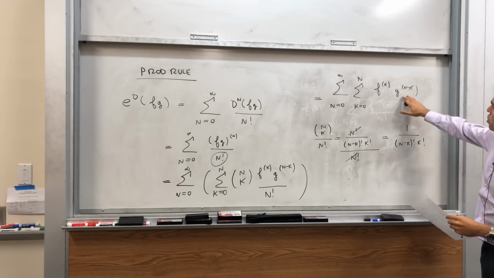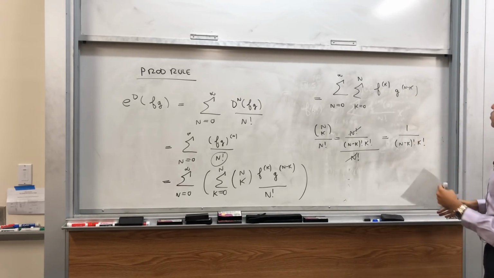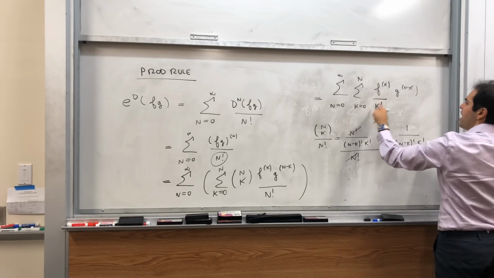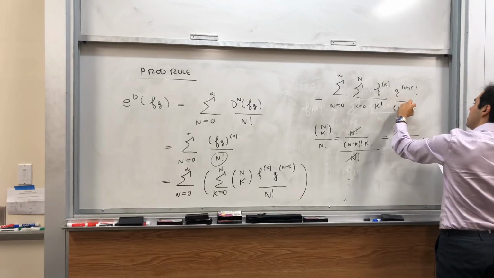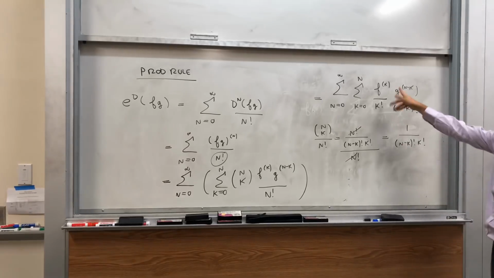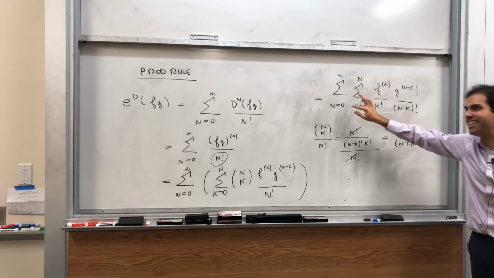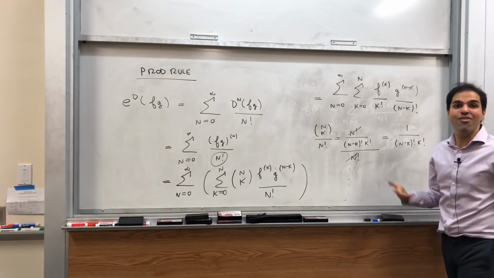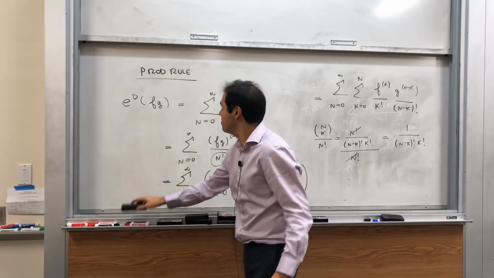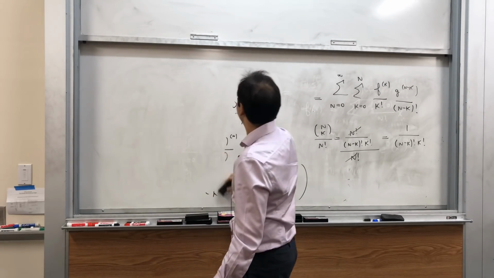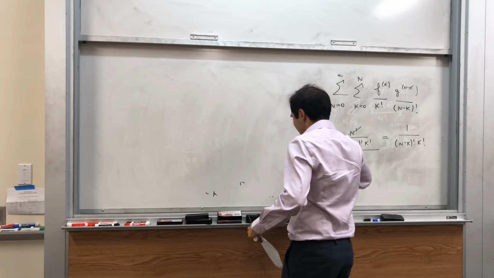So you distribute it and match it with the functions: it's f^(k) over k factorial and g^(n-k) over n minus k factorial. Okay, very good. And now what we want to do is interchange those two sums. It's the analog of Fubini, but for sums. And again, assume we can do that, assume we're in the legal zone.